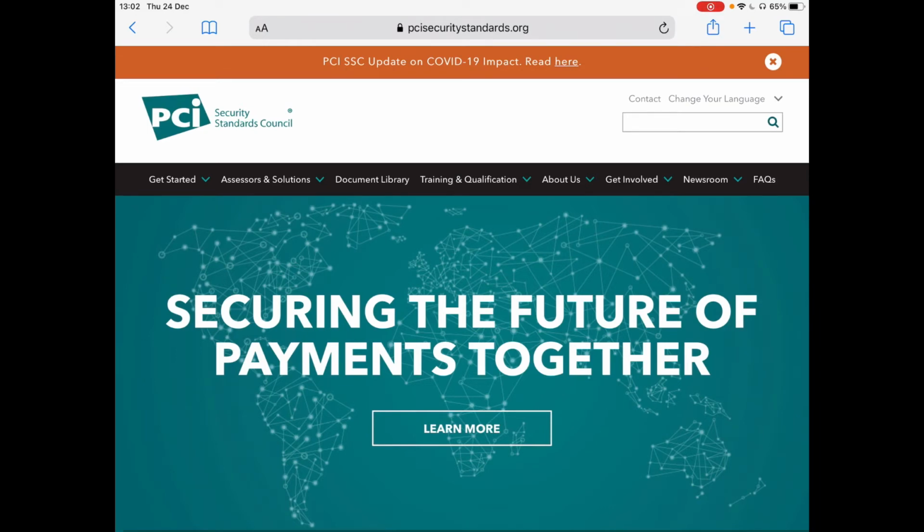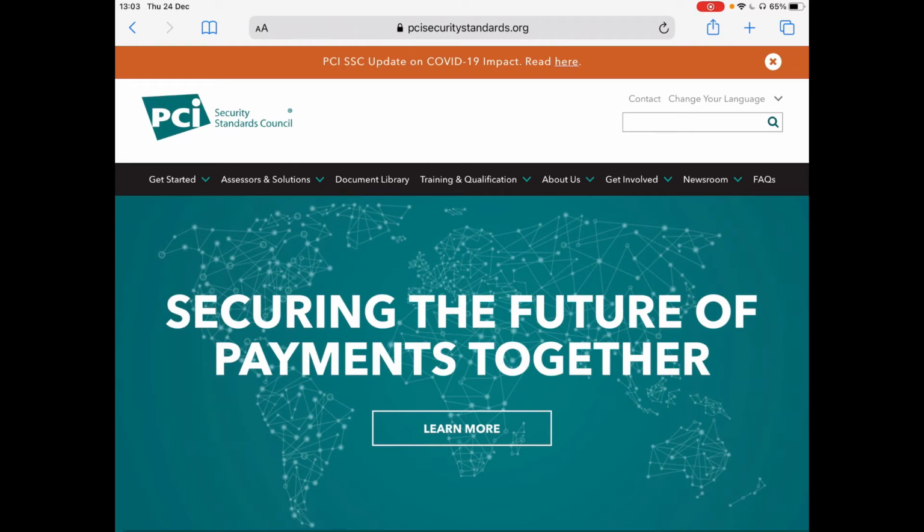It's a Security Standards Council, and what you see on the screen now is the official website of this body. The purpose of this body is to put a compliance framework in place that takes care of the security aspects for the payment organizations and all the players that are a part of the payment processing.